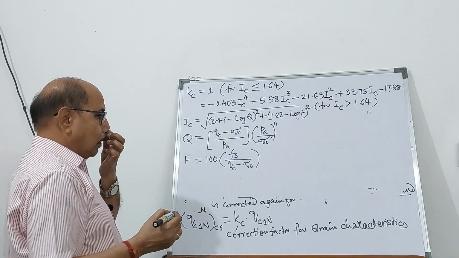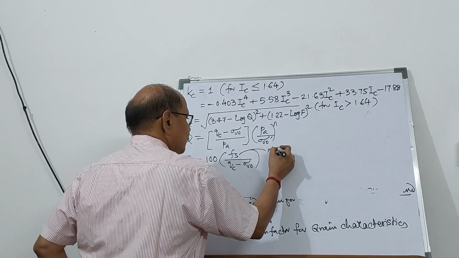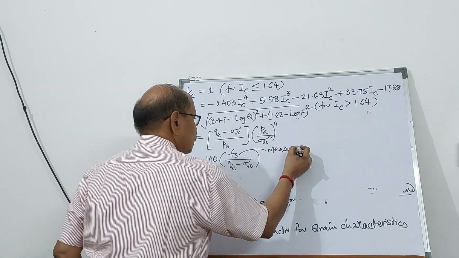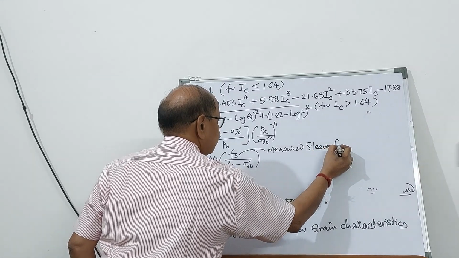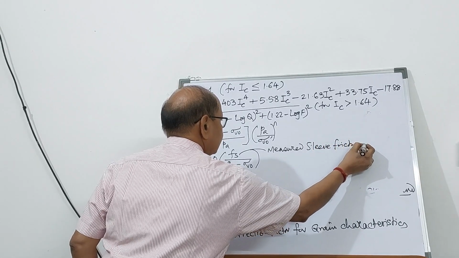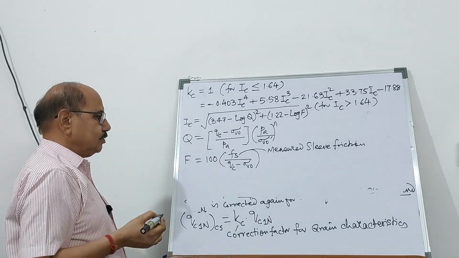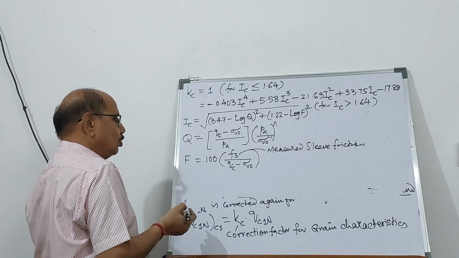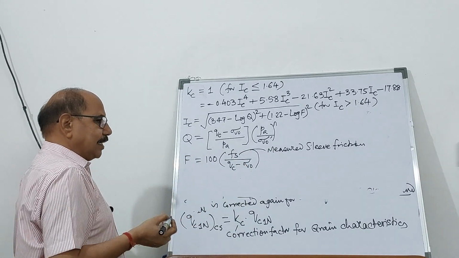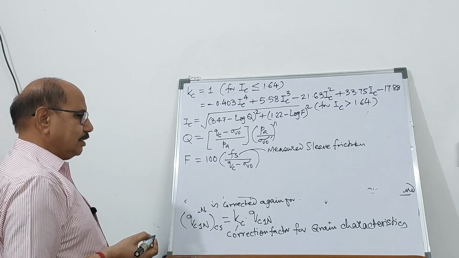So Fs is the measured sleeve friction, qc is the measured cone tip resistance, and this is the calculated overburden pressure at any depth that you can always calculate.